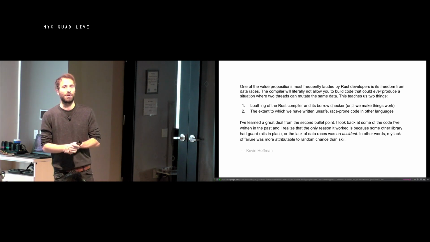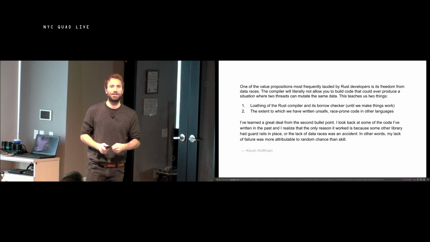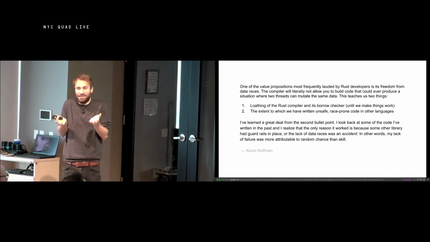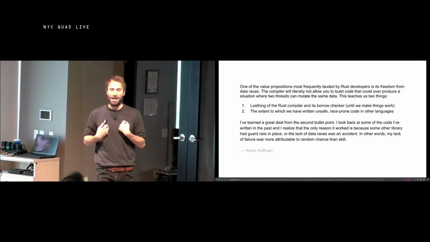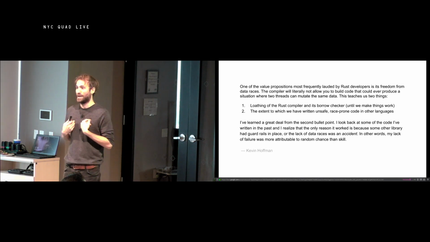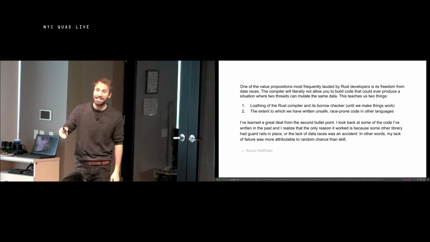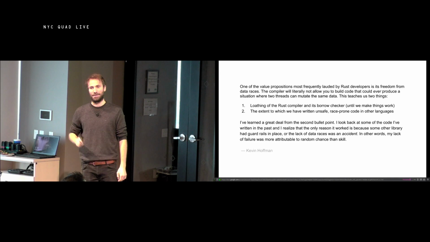I look back at some of the code I've written in the past, and I realized that the only reason it worked is because some other library had guardrails in place, or the lack of data races was an accident. In other words, my lack of failure is more attributable to random chance than skill. I really feel like this when writing Rust code now, that it has made me a better programmer. I feel like I now see data races in my code, and I realize that the compiler is about to yell at me.